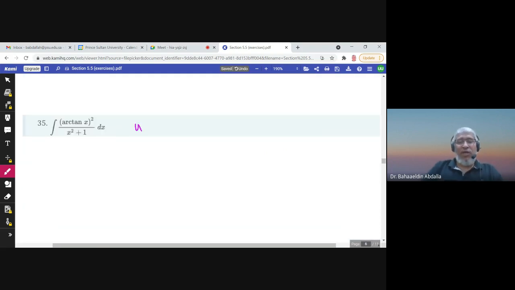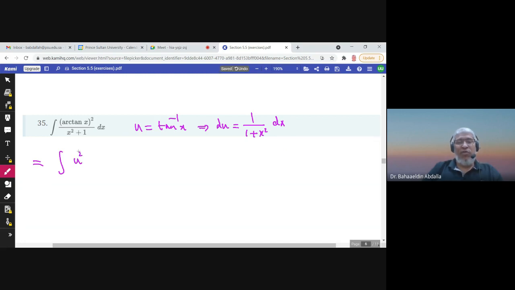I'll take u here to be arctan, or tan inverse x. The derivative of tan inverse is 1 over 1 plus x squared, which is already there. So this would be the integral of arctan is u.